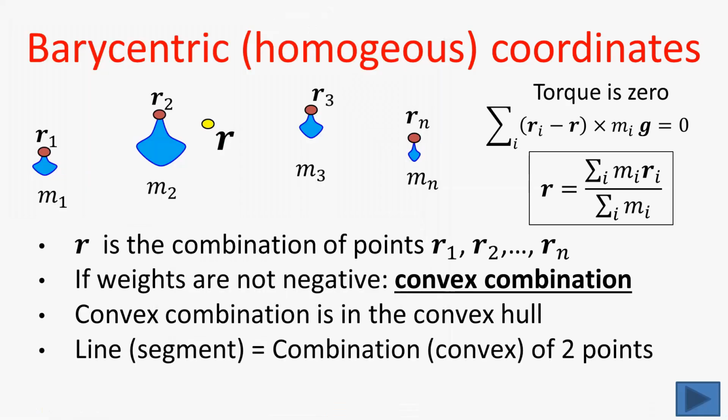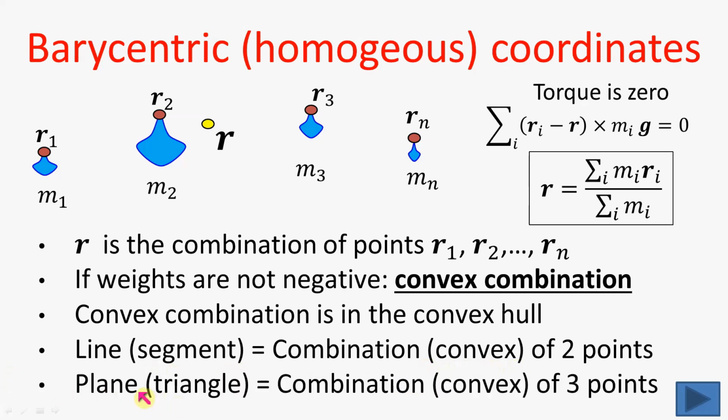To demonstrate the power of the combination operation, consider that a line is the combination of 2 points, and if we restrict the combination to only convex combination, we obtain a line segment as a convex combination of 2 points.